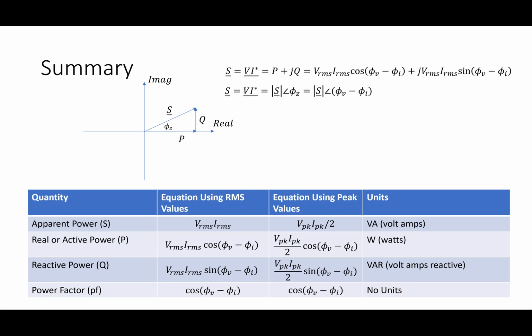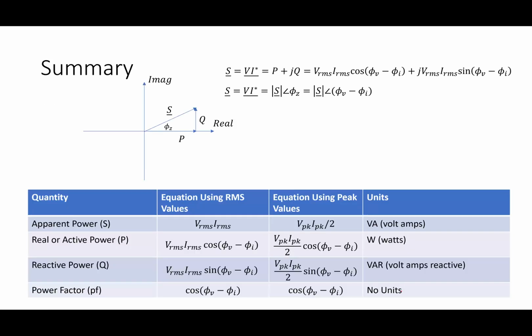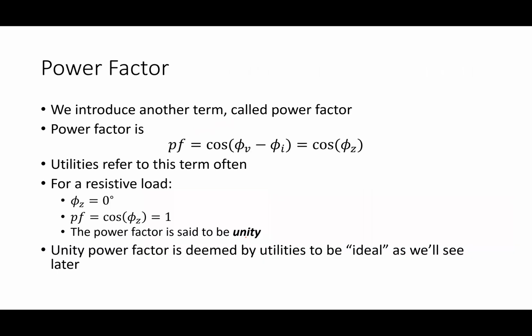The other definition here is this quantity called power factor. The power factor is the cosine that exists. So that cosine of phi V minus phi I is simply called the power factor. Utilities use that term a lot. They'll say, I'm delivering load to a customer that has unity power factor, or typically a 90% or 95% power factor.